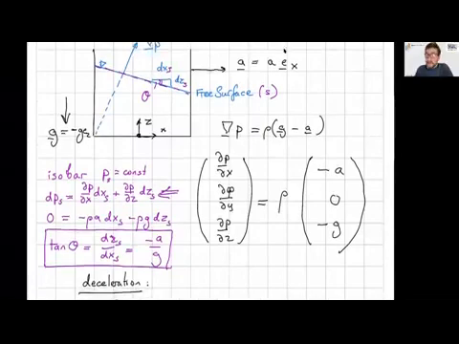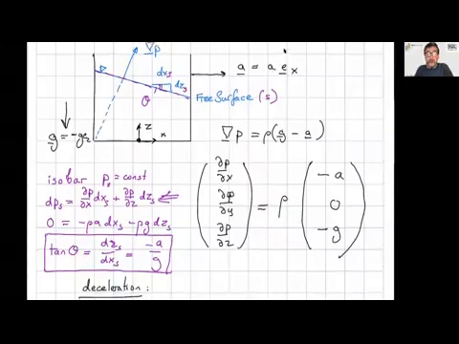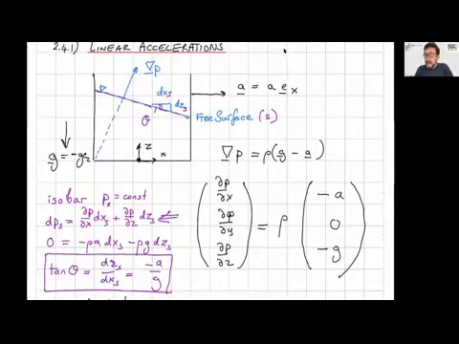Another way of thinking about this, and a good exercise, is to ask where is the pressure highest in this material? And we know that the gradient of pressure is aligned in this direction, because that's the combination of this vector and this vector.